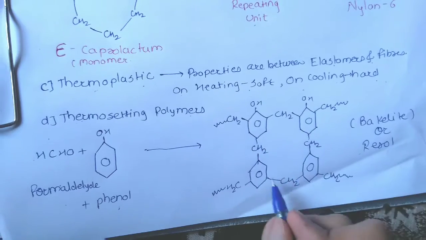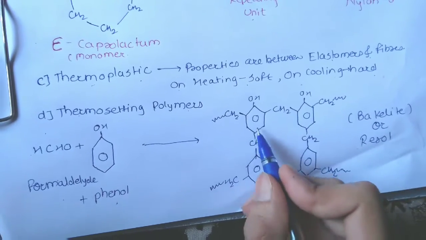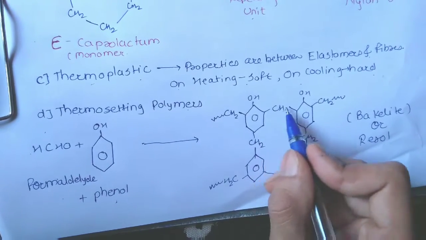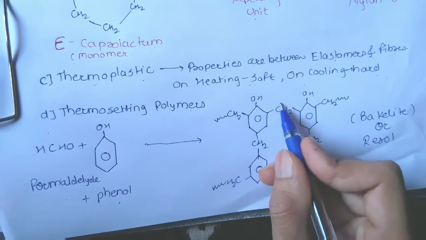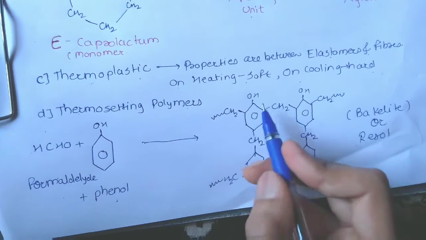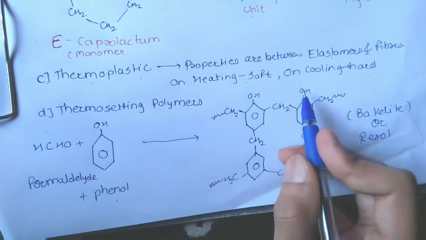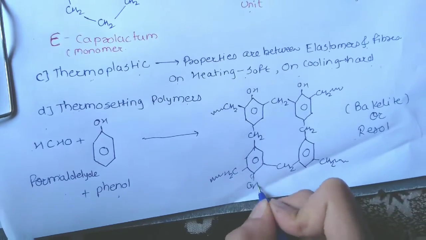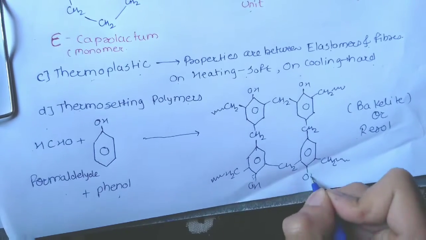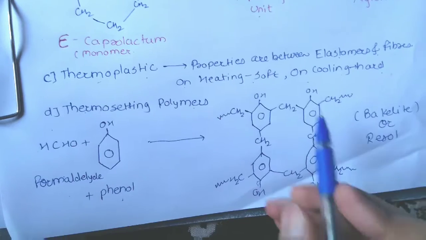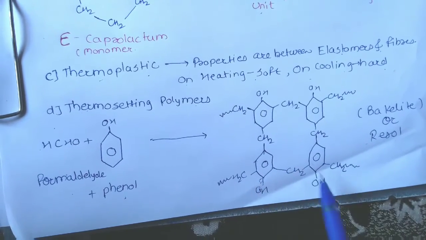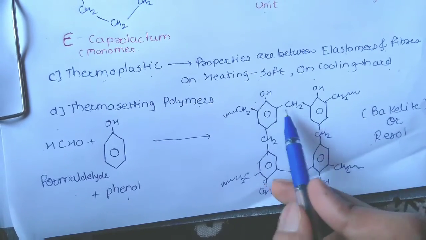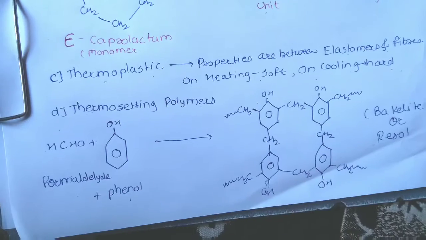Remember, in between two structures there is always a CH2 present, and at the para position is OH. OH and OH at the para position, and between two structures there is a CH2.